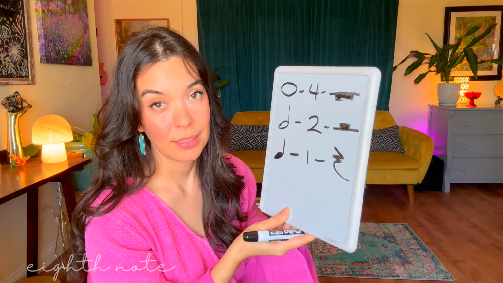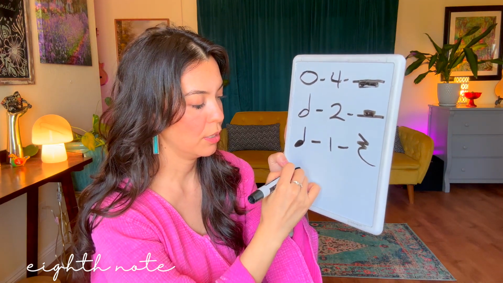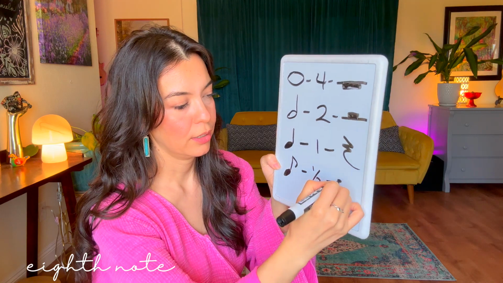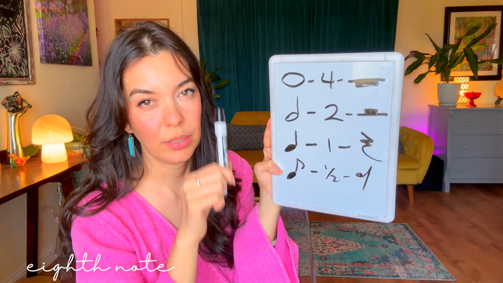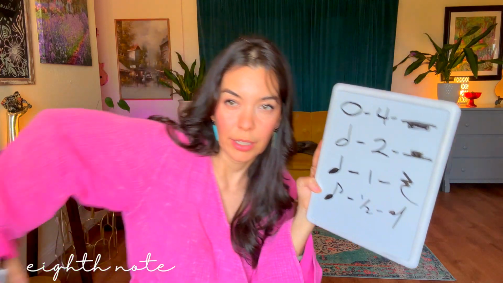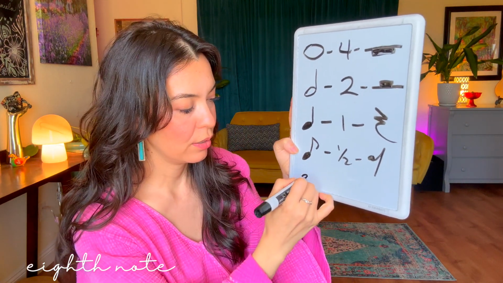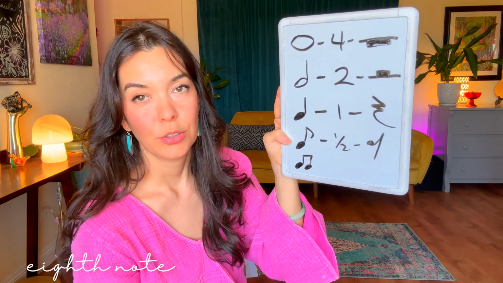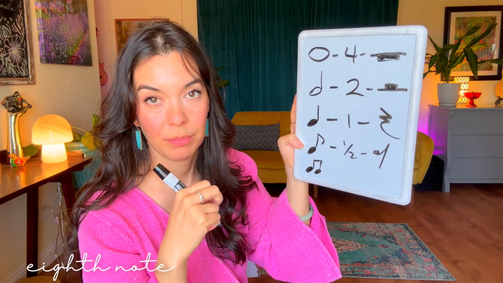And then lastly, we learned the 8th note. And this one is a tricky one because by itself, it looks like a quarter note with a little flag on it or a little hanging arm. But when you have them together, they like to hold hands or hug. So make sure that you can also recognize beamed 8th notes.